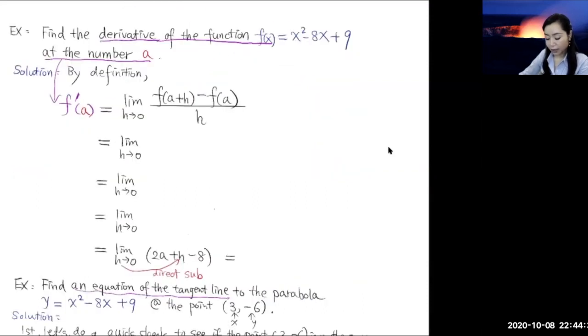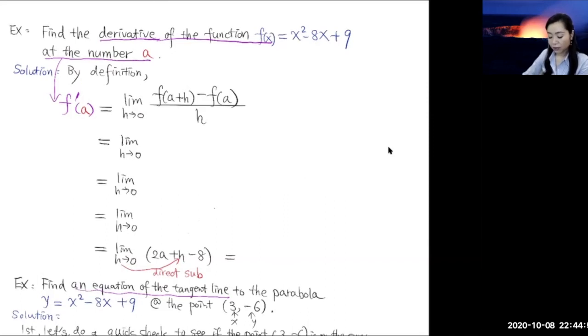Example: find the derivative of the function f of x equal to x squared minus 8x plus 9 at the number A. The derivative of the function f at A is f prime of A. By definition, it's the limit of f of A plus h minus f of A over h as h approaches 0. For f of A plus h, we substitute A plus h into x, and we get this.